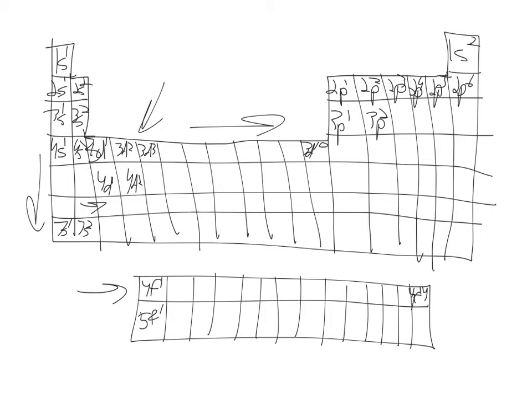Now, it says, count the number of columns in each of the 4 blocks of the periodic table. What's the relationship between the block size and the number of electrons that will fit in the corresponding atomic sublevel? All right? Well, we did this in class on Wednesday.